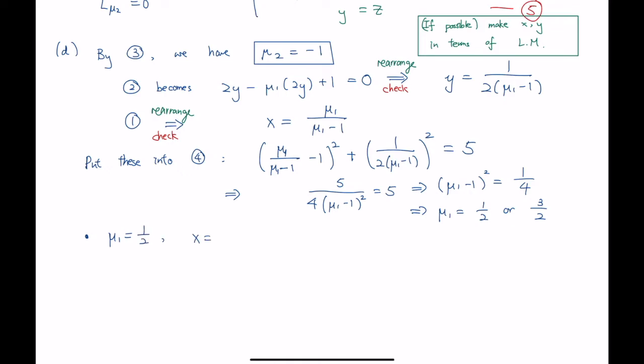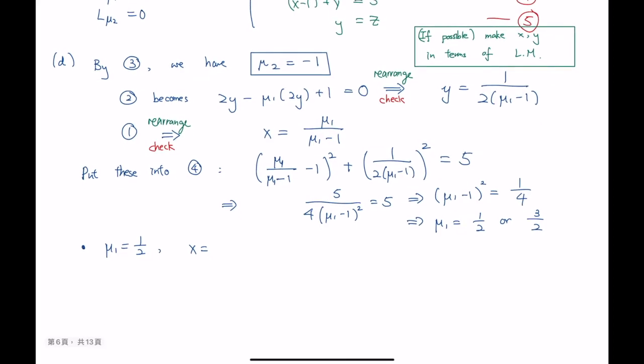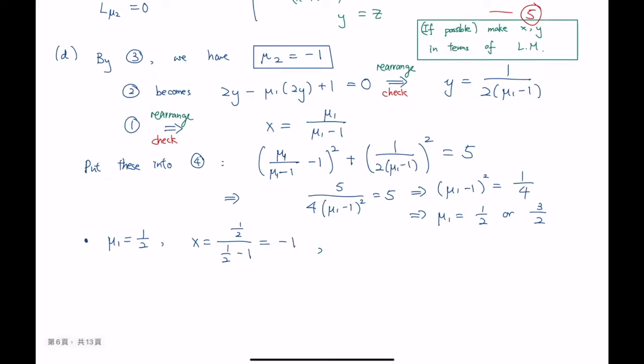Well, x is mu1 over mu1 minus 1, so x will be half over half minus 1. So it's minus 1. Whereas y equals 1 over 2 times mu1, half, minus 1. So this is also minus 1.